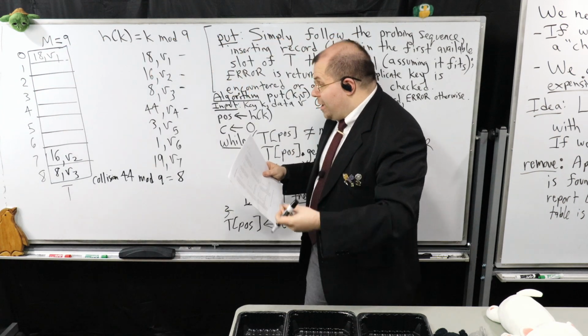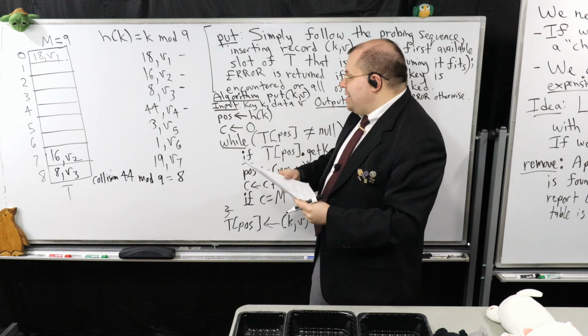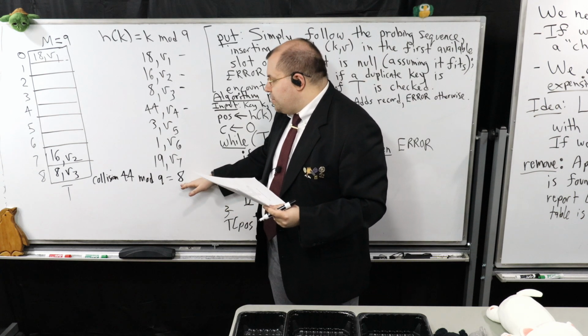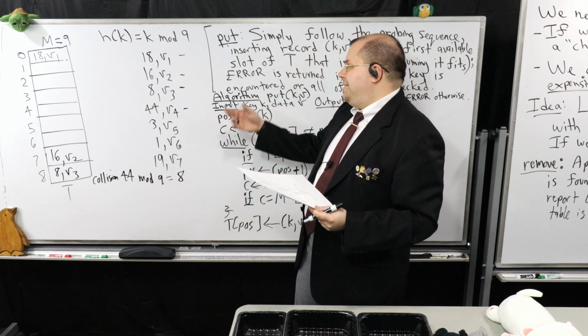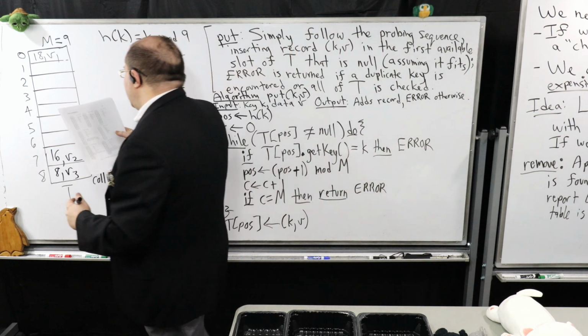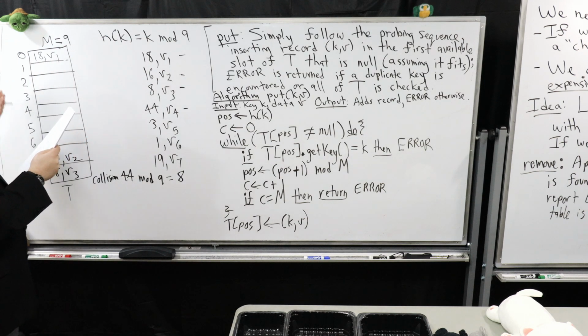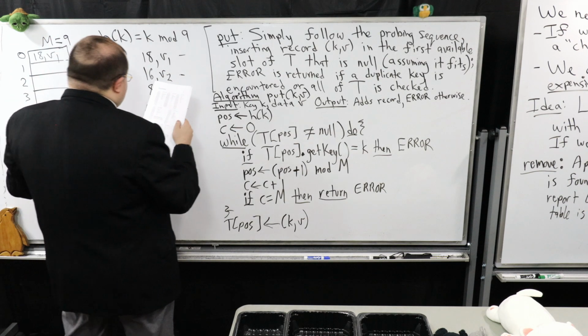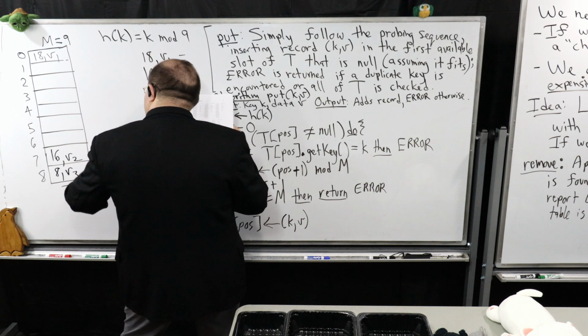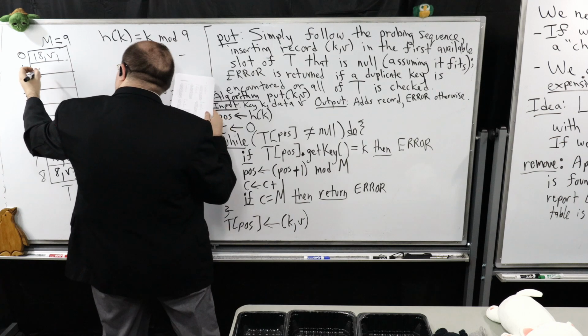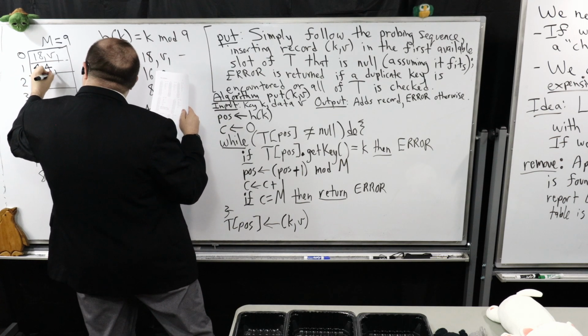So I'm going to apply the probing sequence again. Instead of 8 plus 1, I go 8 plus 2 mod 9. That gets me a position right here. So I'm making a hop. I hop all the way back up here, and then I find this spot is available.